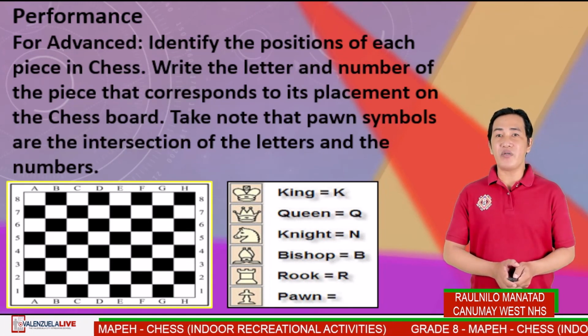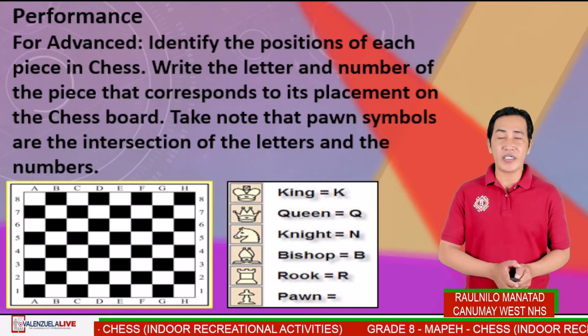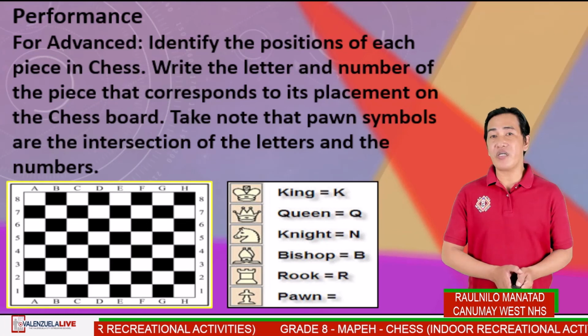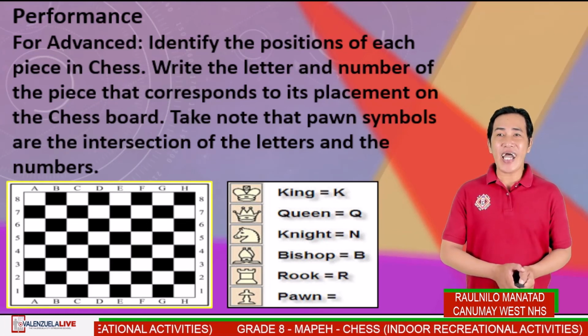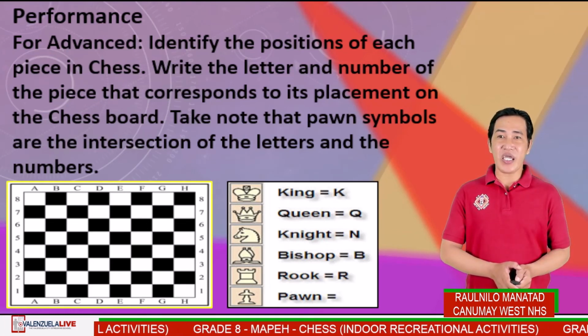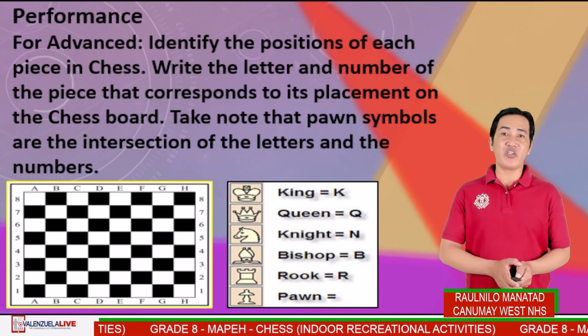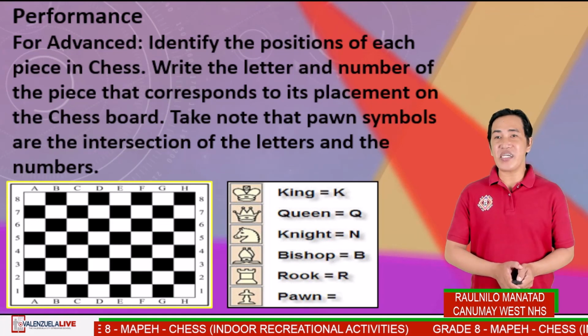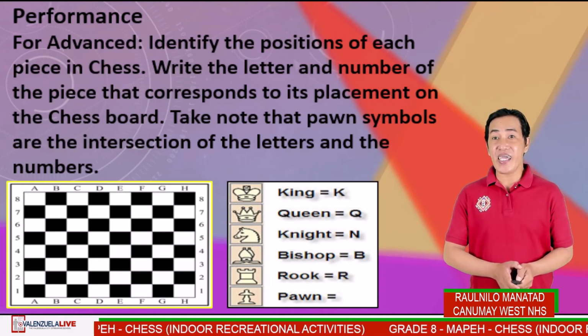For example, the pawn is located on rank number 2 and file H. The pawn therefore is H2. Knight is NC3 if it's positioned in rank 3 and file C. Letter N symbolizes knight. K is for the king.